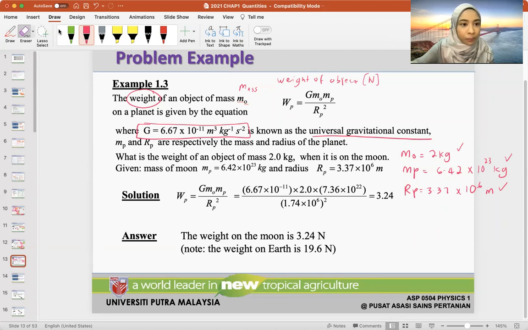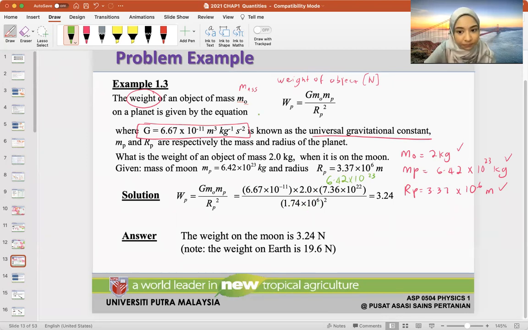So let's use that. G is given as 6.67 times 10 to the minus 11, times 2, which is the mass of the object, times 7.36. Wrong, this should be 6.42, times 10 to the 23. I don't know why the numbers are different, maybe confused. And then divided by the radius of the planet. The radius is also different. Let me edit this question.